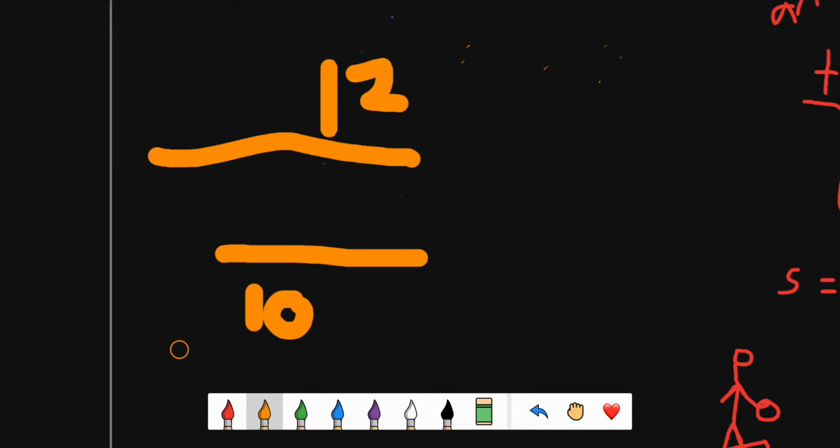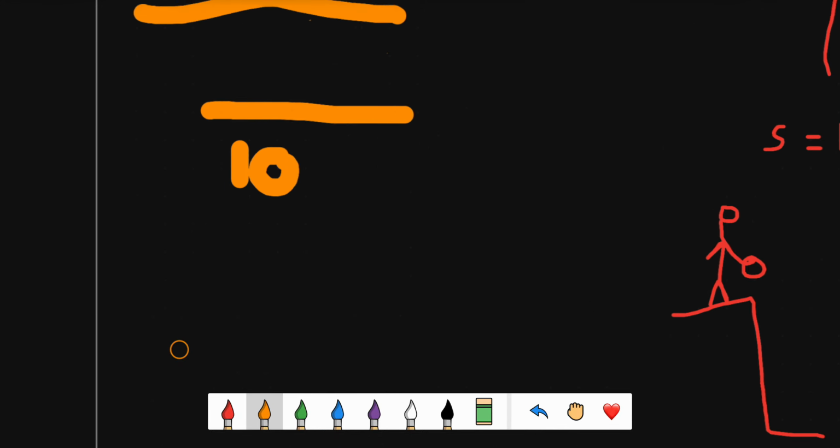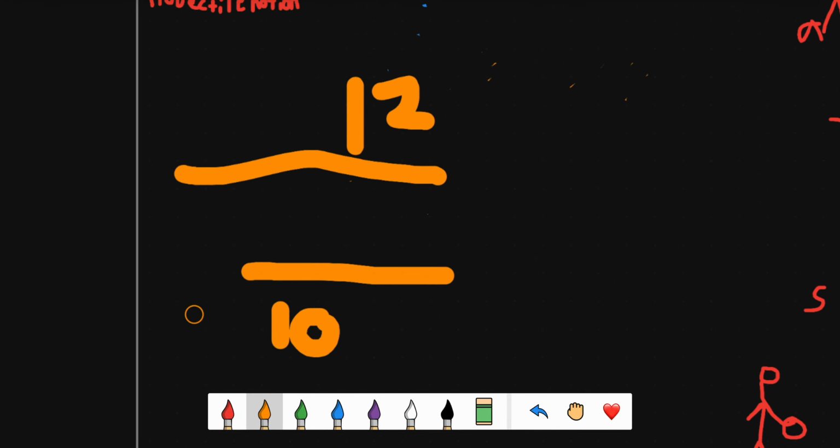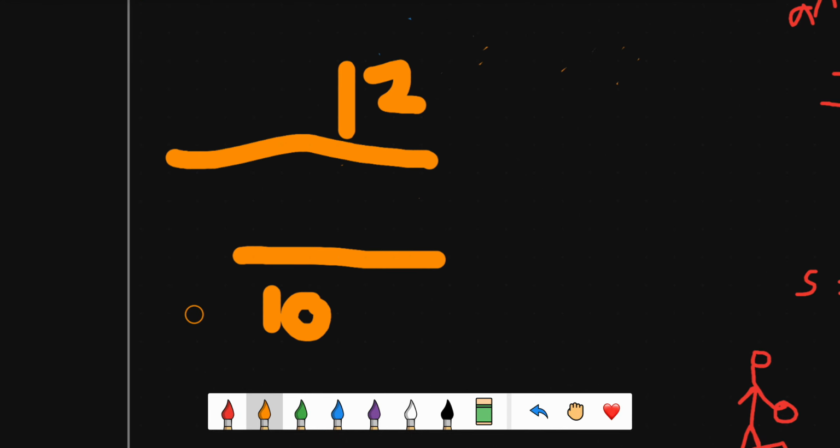Now what is the displacement? When I was moving east 12 meters, that was the distance I was going. But since I was also going west, if you want to talk about displacement, it has to be 2, because 12 minus 10 is 2.